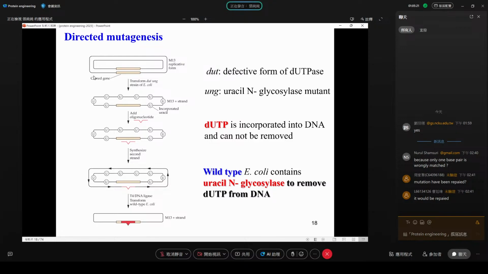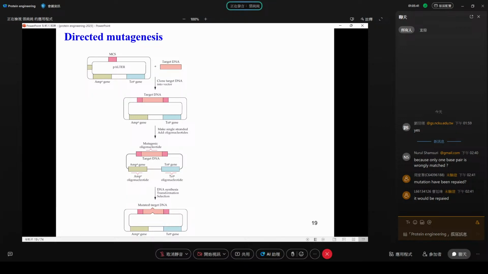You can do everything by PCR, by Klenow fragment to fill out the gap. But the major problem you have to solve is to kill the parental strand. So there are a lot of different strategies to kill the parental strand. That's one of the strategies. I want you guys to pay attention. That's quite important.